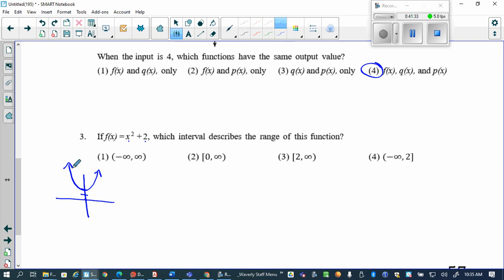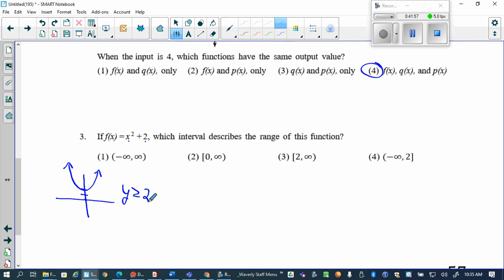And so what would the actual range be? Not negative infinity, there's nothing down there. Well, really, it would be y greater than or equal to 2, wouldn't it, instead of 0?